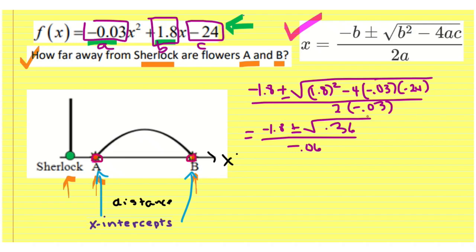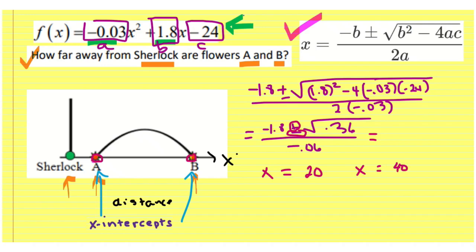Then I'm going to crunch that one more time in my calculator, and it's going to give me two different values, the value where I add and the value where I subtract. So my first x is going to be equal to 20, and my second x is going to be equal to 40.